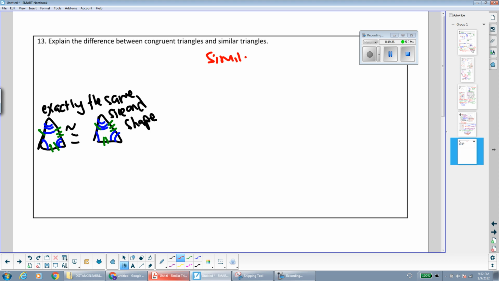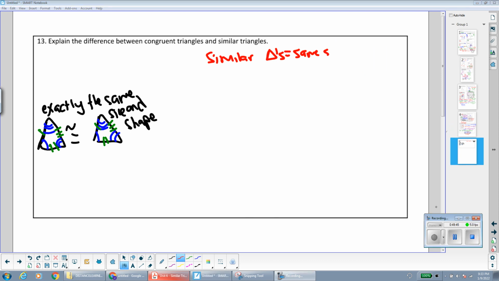Similar triangles have the same shape, but different sizes.